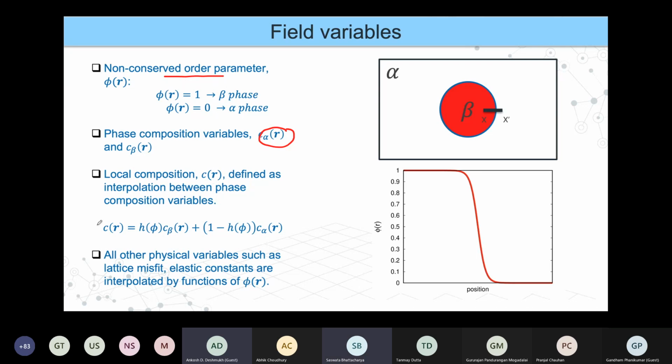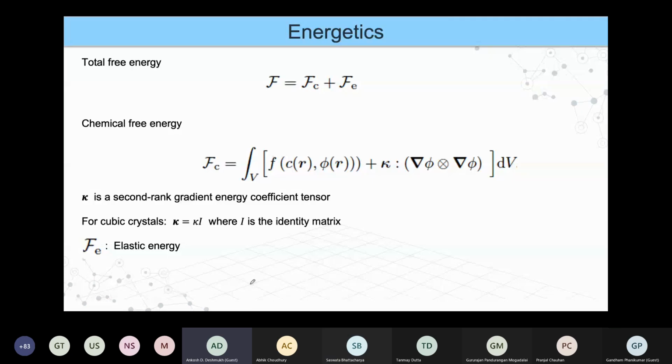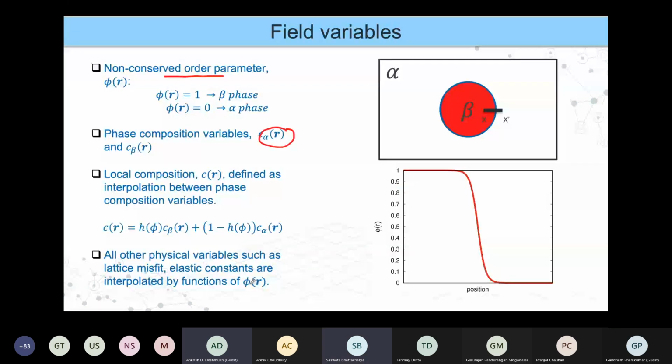The local composition C(r) is an interpolation between the phase composition variables. All other physical variables, such as lattice misfit strain, and the elastic constants are interpolated by functions of phi. In this case, I don't do that; the elastic constants are basically not functions of phi. I'll come to that. But in the homogeneous case, everything else is a function of phi, the phase field variable that distinguishes between alpha and beta.